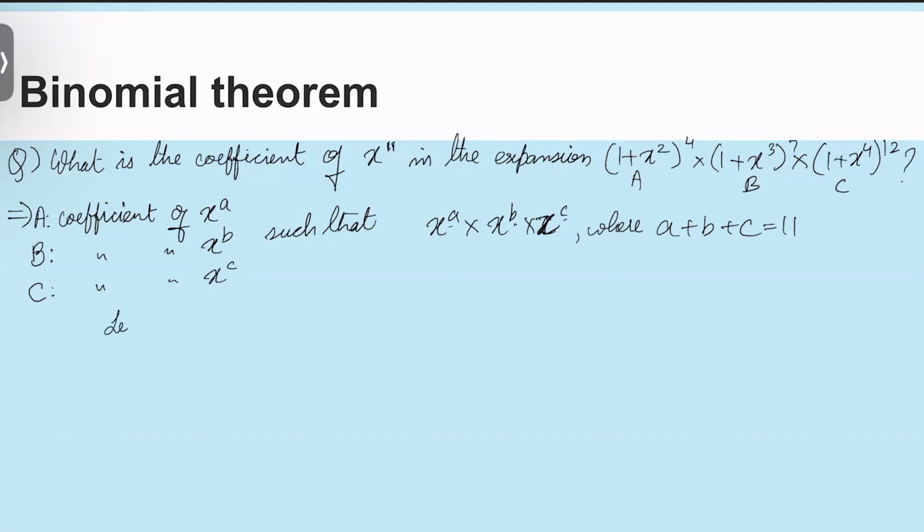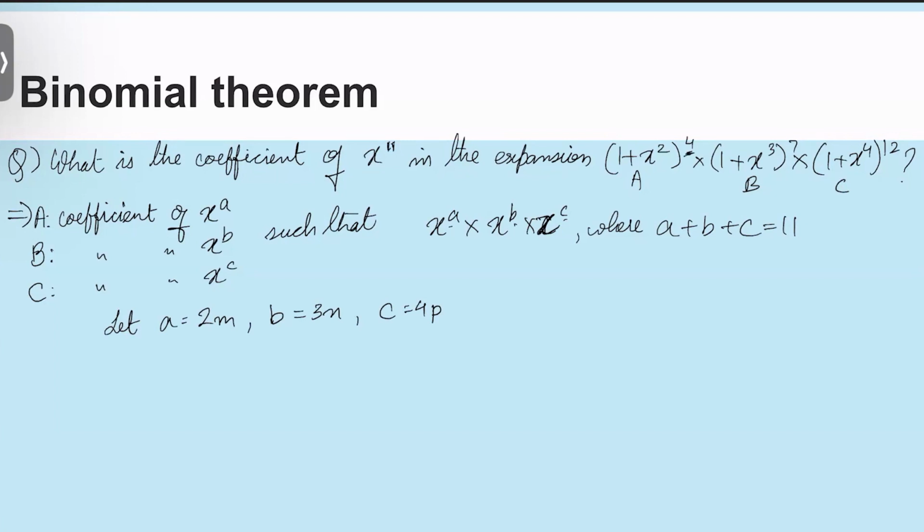Now let a equal 2m, b equal 3n, and c equal 4p. What are m, n, and p? Actually m is the kind of r that you will take when your expansion power is 4.